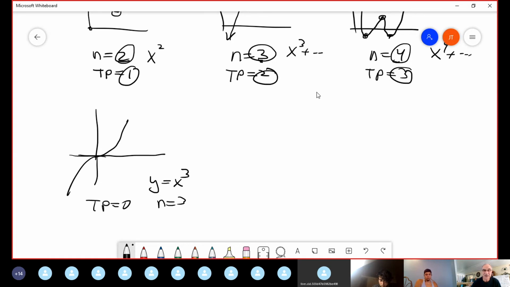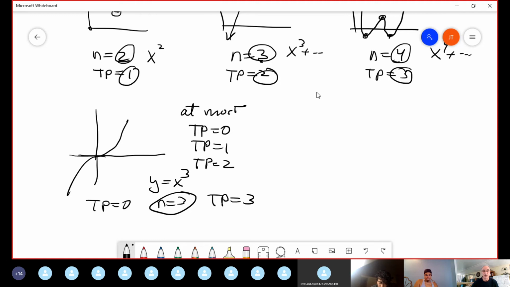Entonces at most indicate que maybe turning point 0, turning point 1, turning point 2, and that's it. So in degree 3 it is impossible to have turning point 3. No, at most. Do you understand the idea for the turning point?